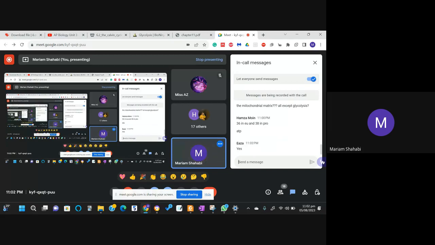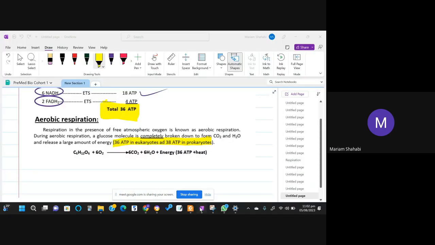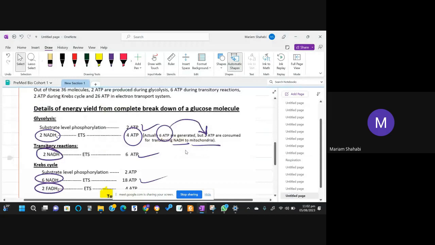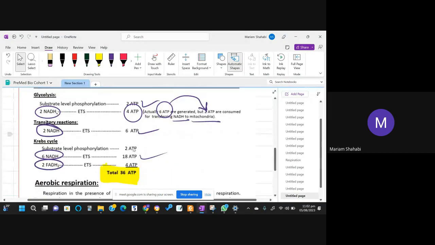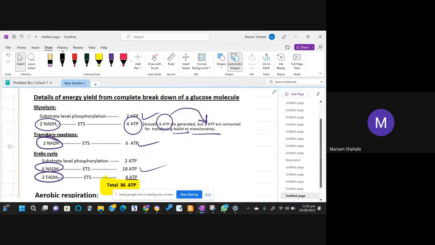Right. And the transitory reaction, wait a second. Actually I'm not very sure about this. So let me check. I'll check where the transitory reaction happens. See, glycolysis, this happens in the cytosol. Where does this happen? I'll check and let you know.